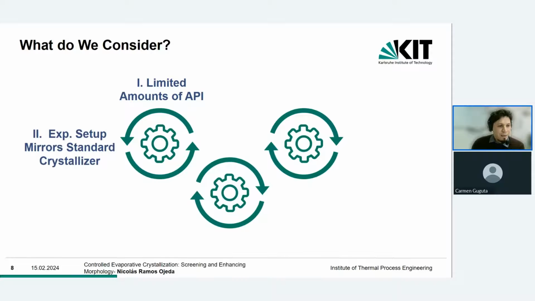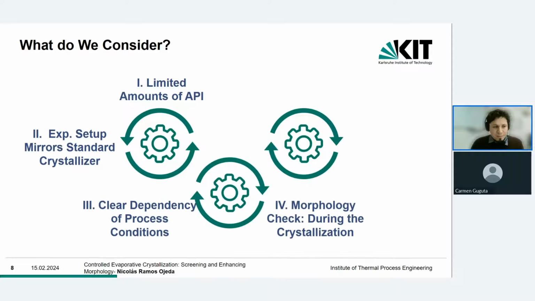First of all, we want to use an experimental setup that mirrors standard crystallizers. We believe that in this way, we can increase the likelihood of achieving consistent crystal morphology at large scales under identical process conditions. As a first step, we want a clear dependency of the process conditions and their correlation with the crystal morphology.